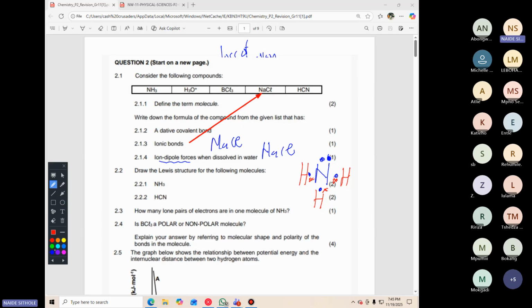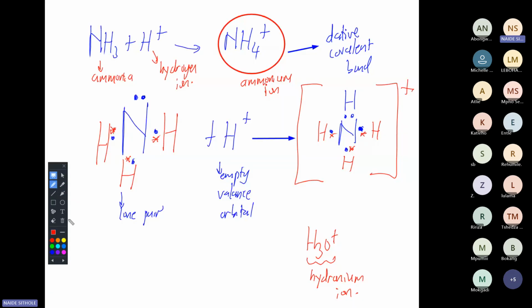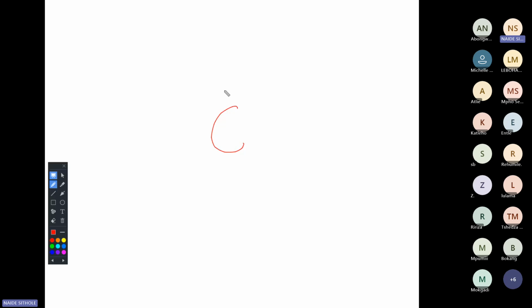Then HCN. So you should be able to identify what's inside here, the central atom. So this is carbon here, and carbon should have what? 4 electrons. So this is where it gets tricky, you must know. So try to indicate them individually.